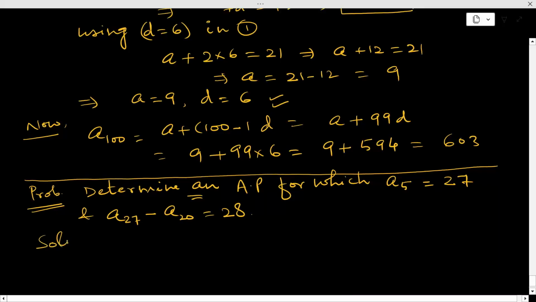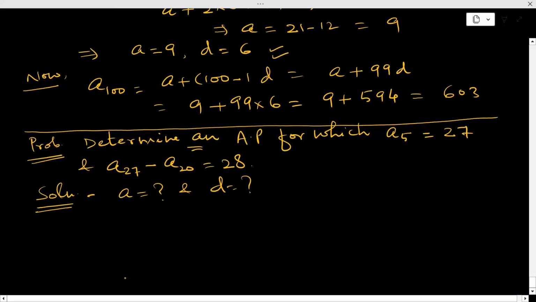So let us discuss the solution. Always remember that whenever we have this type of problem where we have to determine the AP, we have to find the value of A, the first term, and the value of D, the common difference. Again, we have to find two unknowns, so we are provided with two pieces of information.